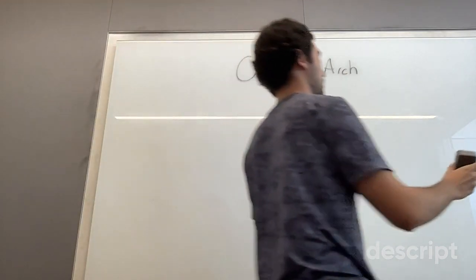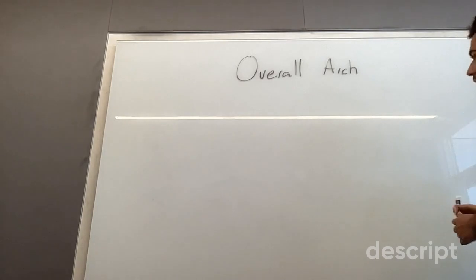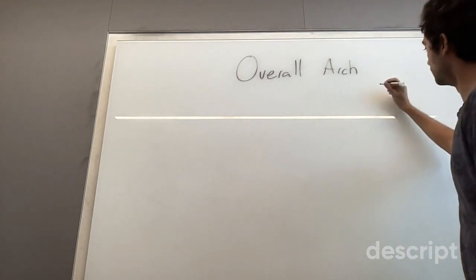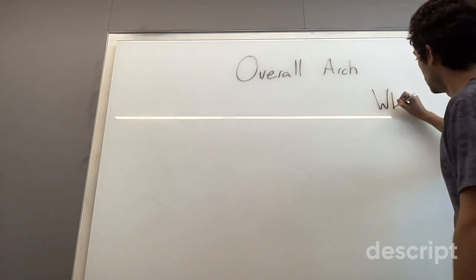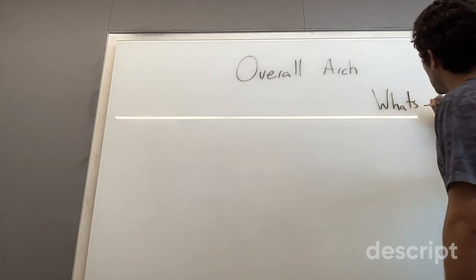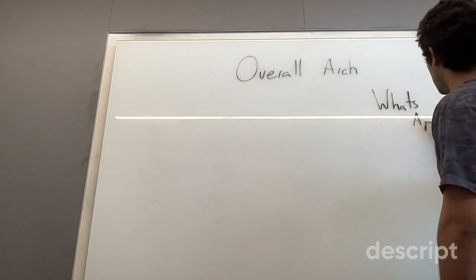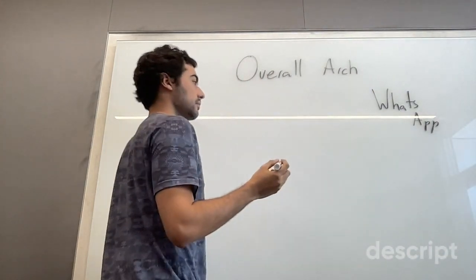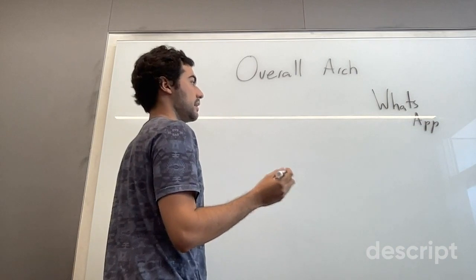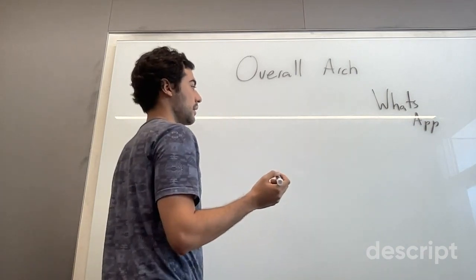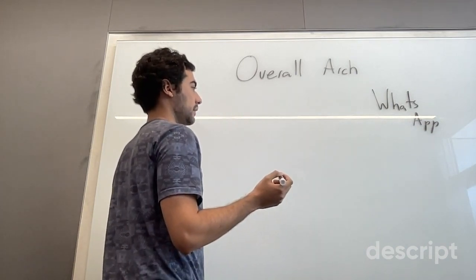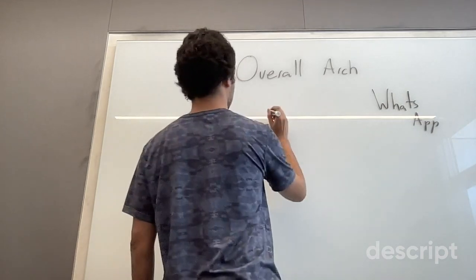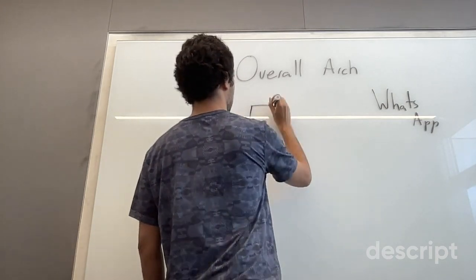is the next. So, for example, we have some provider, something like WhatsApp. We have something like WhatsApp. And this is the entry point for the users. We have the robot here somewhere, right?